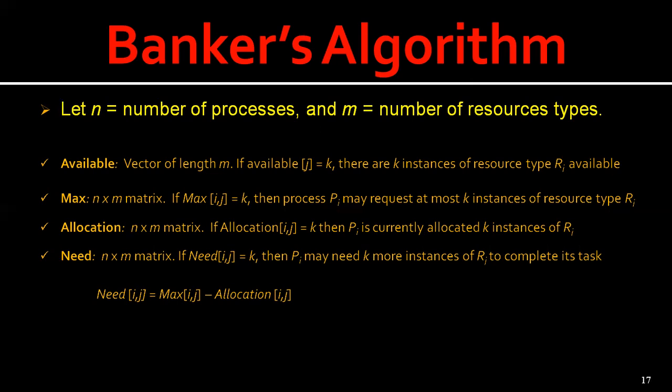We can treat each row in the matrices allocation and need as vectors, and refer to them as allocation[i] and need[i], respectively. The vector allocation[i] specifies the resources currently allocated to process Pi. The vector need[i] specifies the additional resources that the process Pi may still request to complete its task.